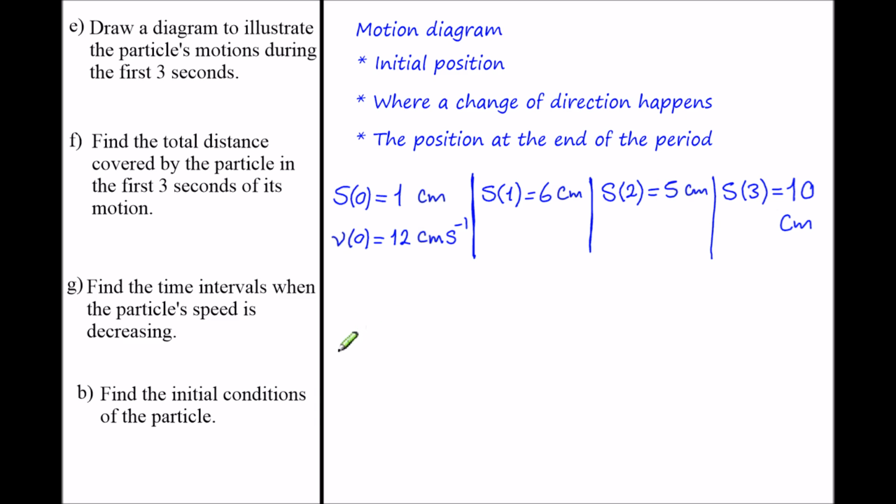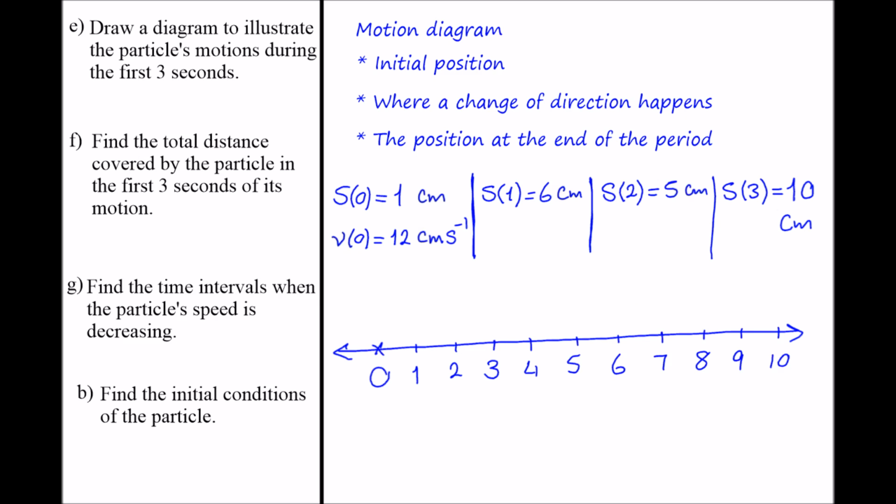Now to draw the diagram, we draw a number line. And we locate the origin. So let's say the origin here is O. And then this is 1 centimeter to the right of the origin, 2, 3.